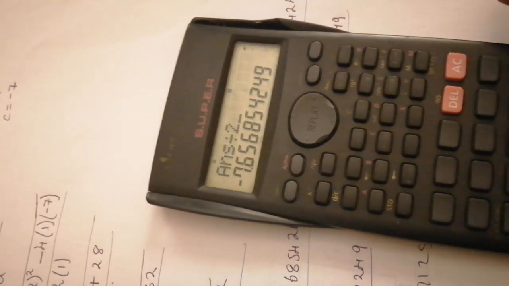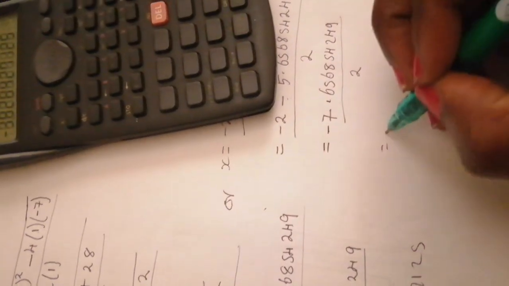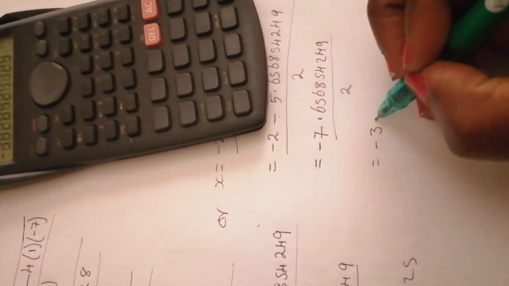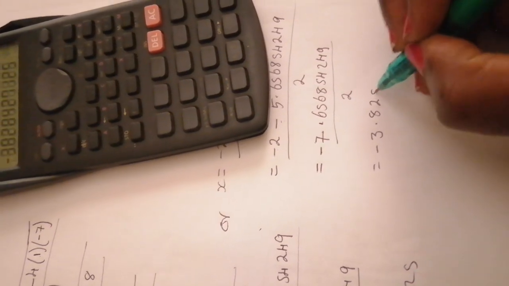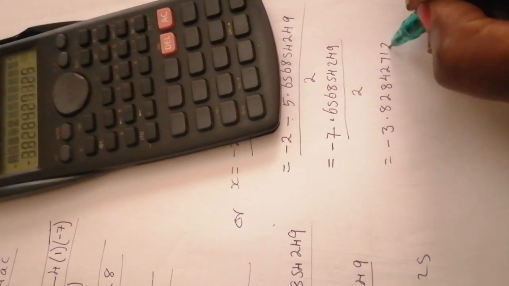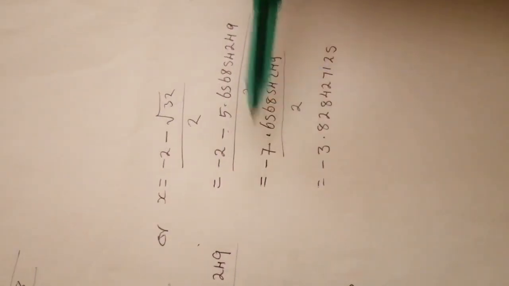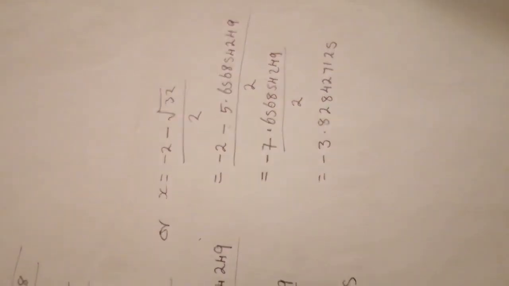Divided by +2, the answer is -3.82842712.5. The answer is negative because we are dividing a negative and a positive. Negative divided by positive is negative. 7 divided by 2 will give us this.